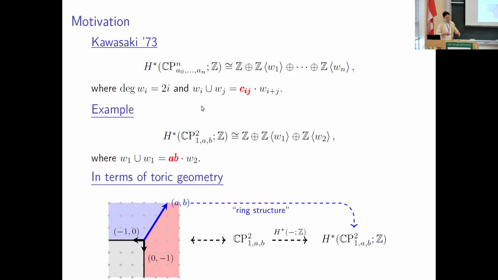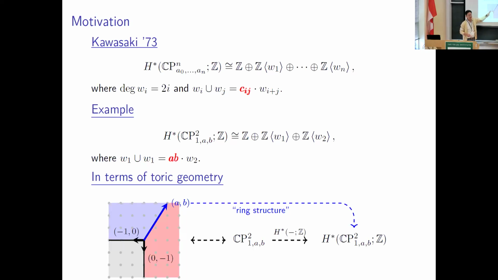We are at a toric geometry, toric topology conference. So in terms of toric geometry, you can think of the fan corresponding to this weighted projective space. Because I have the weight 1 here, I can assume that there is one smooth cone.